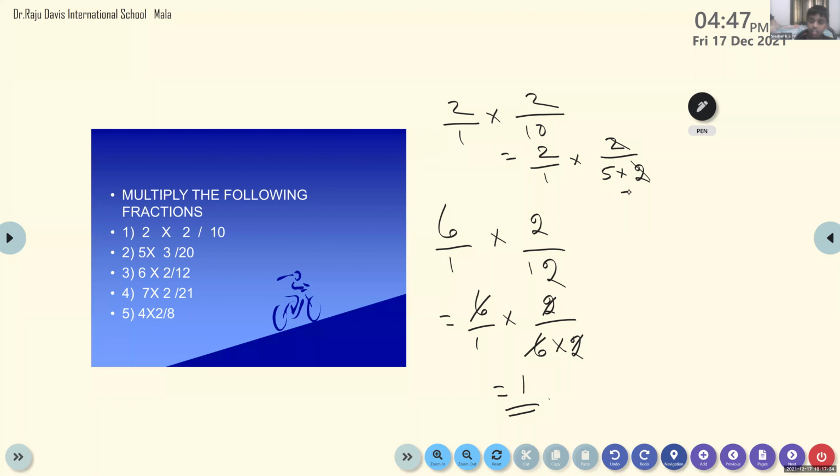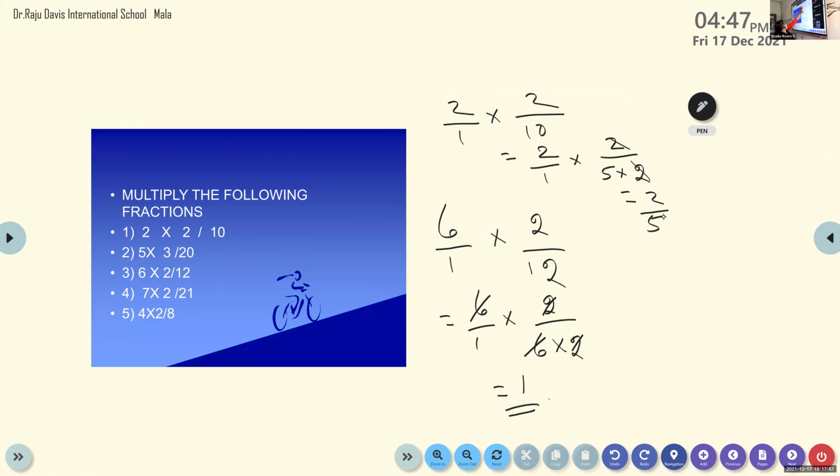Then we need to multiply that with 2 by 1. 2 into 1 is 2, and 5 into 1 is 5. Remaining all got cancelled.